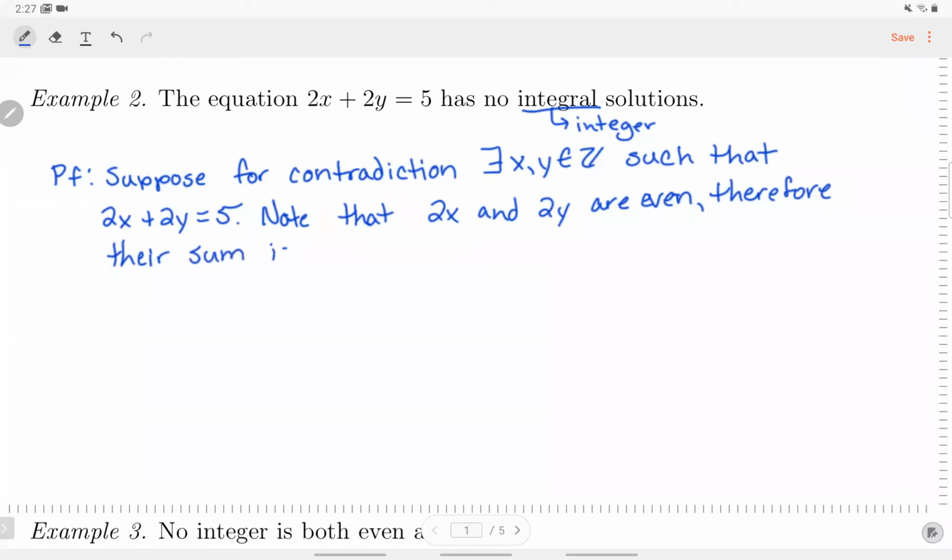And that is something we've shown in class, right? We showed if you add two things of the same parity, they come out even. So we've shown even plus even is even. Okay. But 5 is not even.